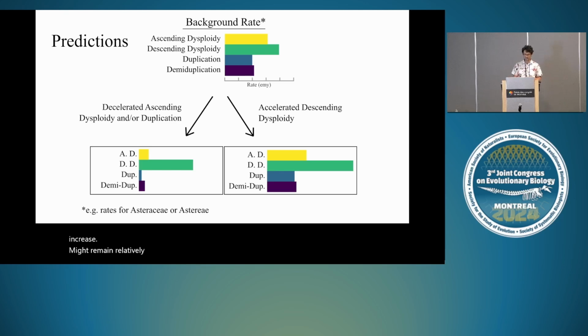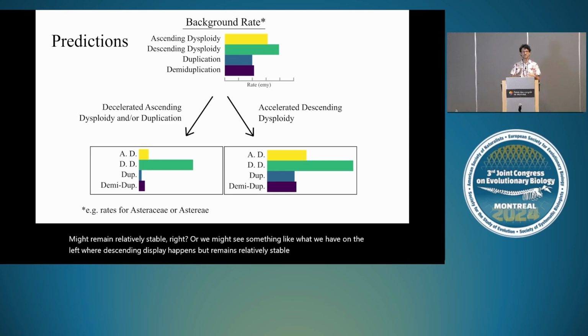Or we might see something like what we have on the left, where descending disploidy happens but remains relatively stable, and then we see an attenuation of all of those rates of increase.